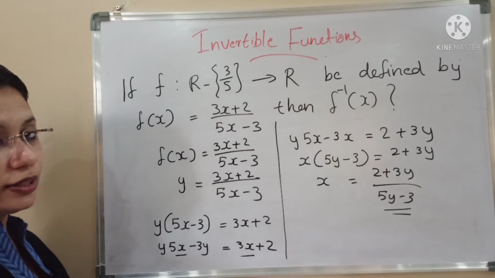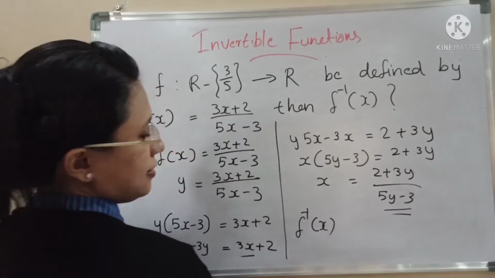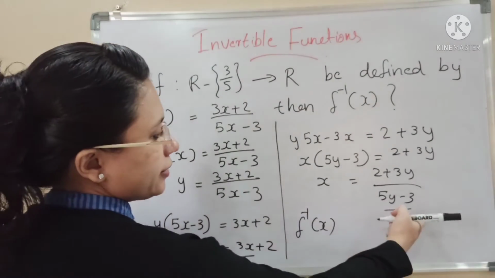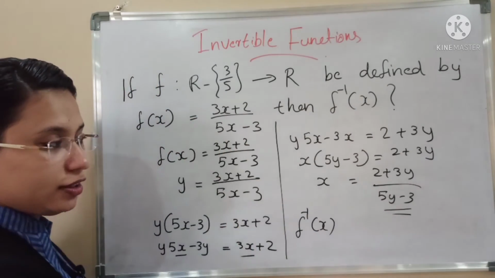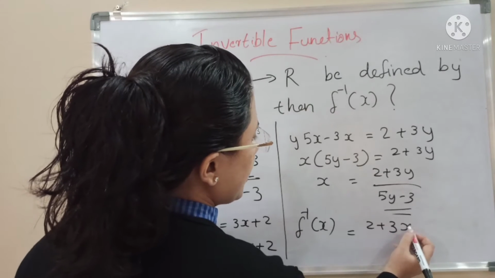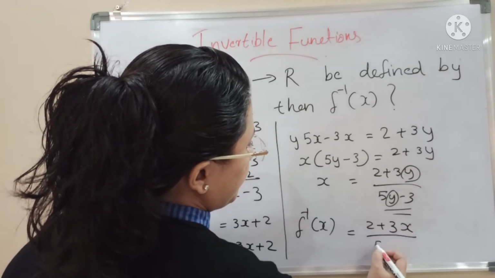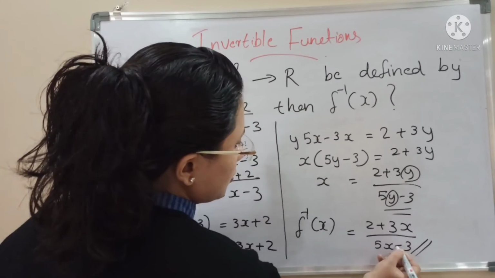So what is the next thing? f inverse of x. We got x, now f inverse, invert it. So it will be 2 plus 3x over 5x minus 3. We are replacing y's with x.